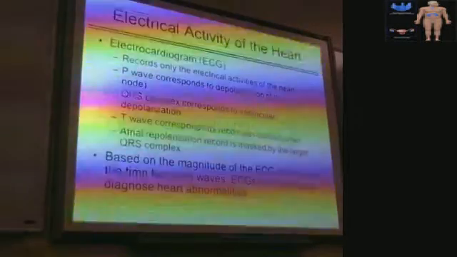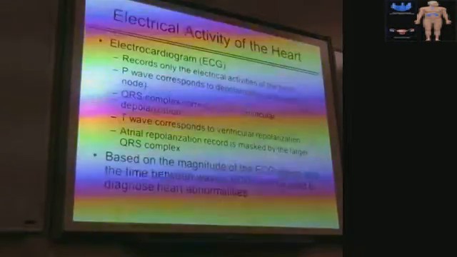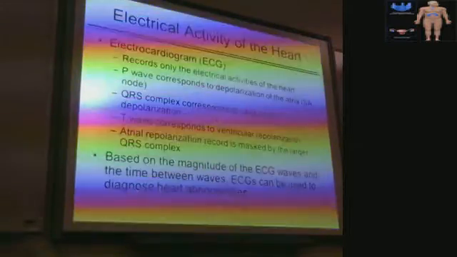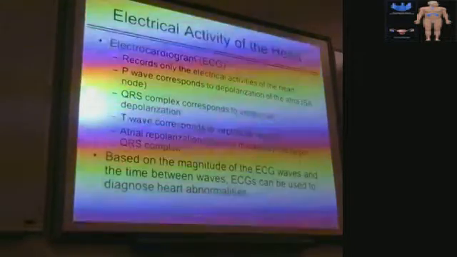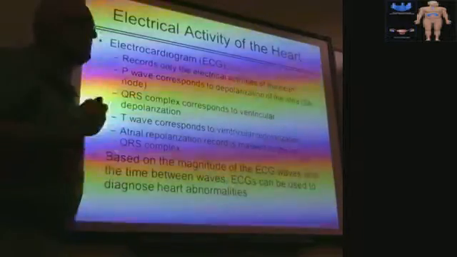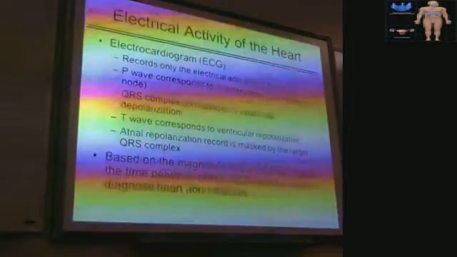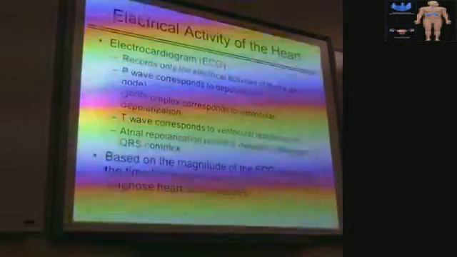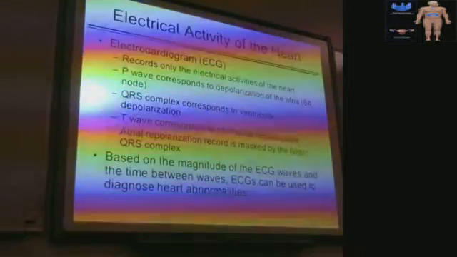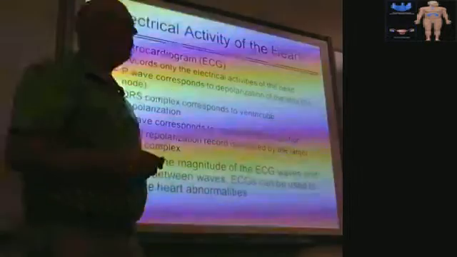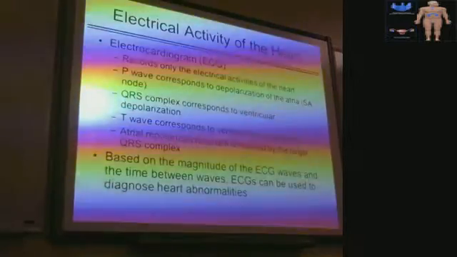All right. So electrical activity of the heart. An electrocardiogram, or the ECG, records the electrical activities of the heart. The P wave corresponds to depolarization of the atria, the SA node. Then there's a QRS complex that corresponds to the ventricular depolarization.